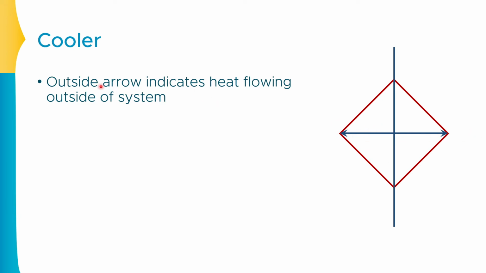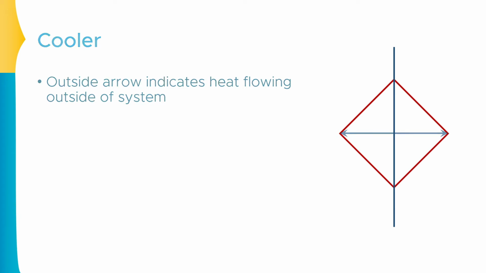That means all the heat is flowing outside the system, and this is the function of the cooler. The cooler will cool down the fluid by removing the heat from this specific line. Understood? So this is what you can understand from this specific symbol. Now inversely, if it is the symbol of the heater, how would it look?